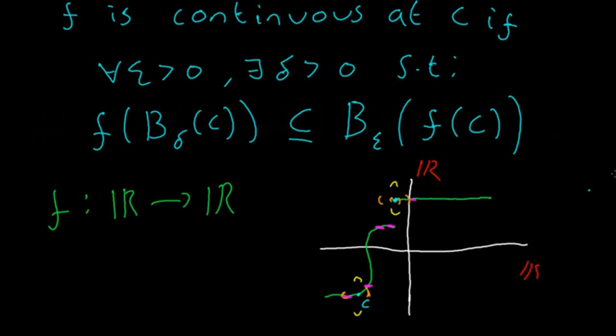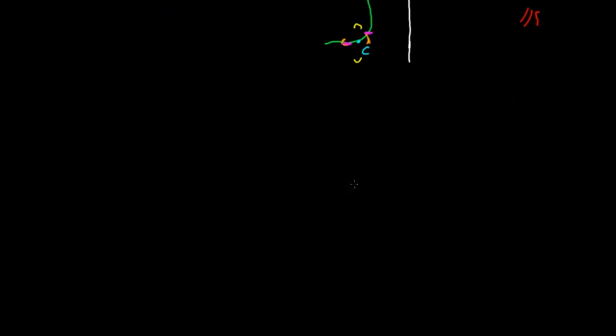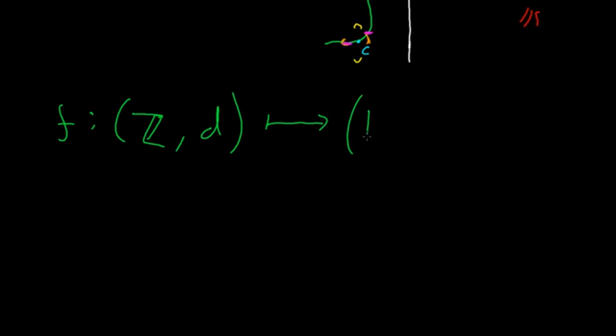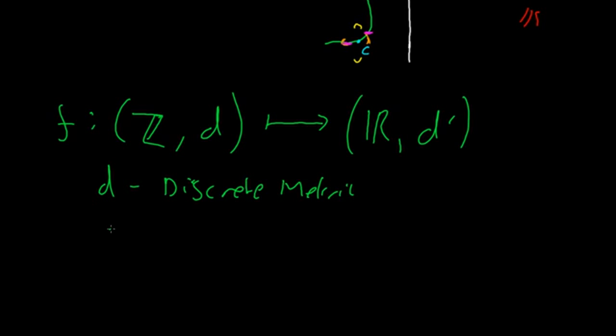So let's look at a different function. Let's take the inclusion mapping. So f goes from Z, the integers, with a metric d, to the reals with d prime, where d is the discrete metric and d prime is the Euclidean metric.